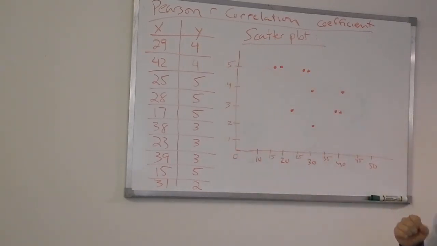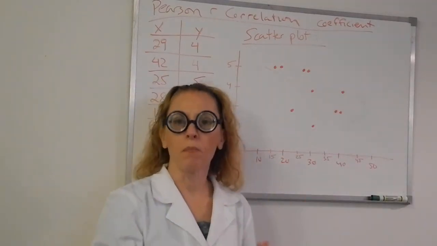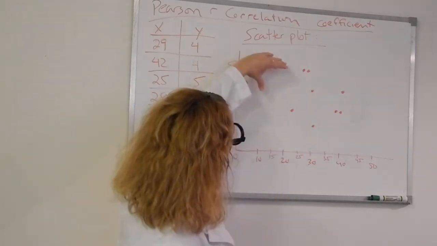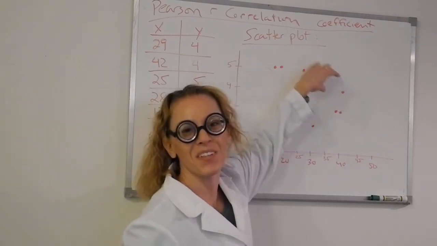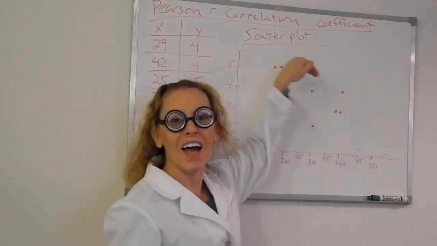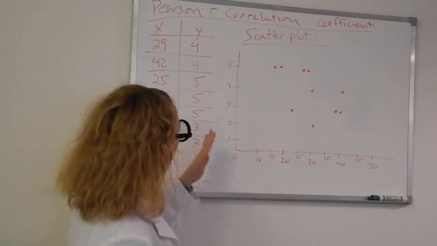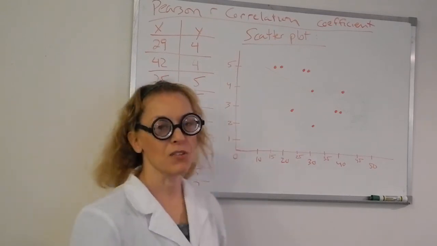And then when I looked at it, I thought, well, it looks like kind of a weak relationship, or a moderate relationship at best, but I could kind of draw a line and say, you know, they're moving kind of down to the right, and if we can recall, as it's moving that direction, it's a negative relationship. That means as one variable's value is increasing, the other variable's value is decreasing.